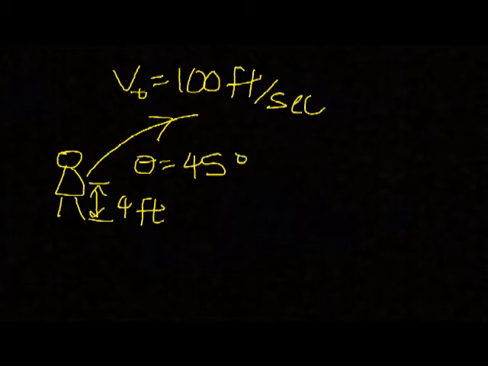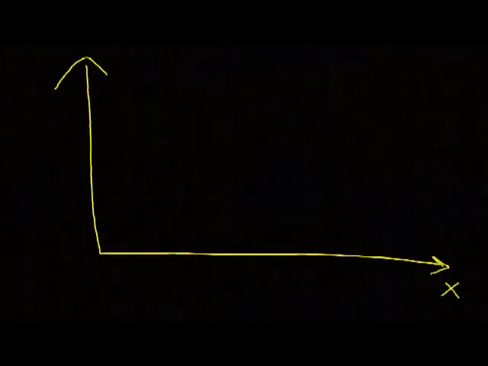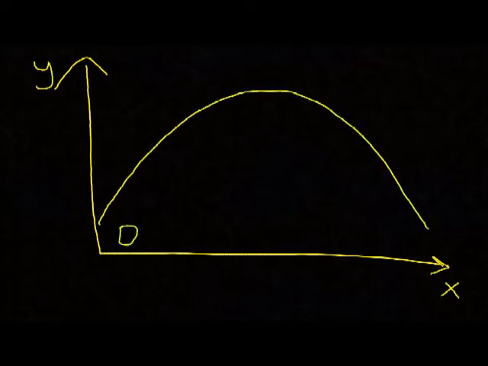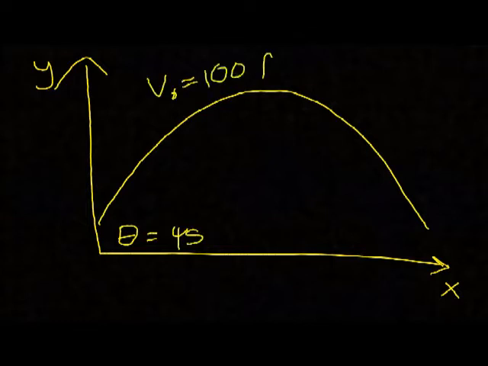In terms of an x and y diagram, theta would still be 45 degrees, the ball traveling at 100 feet per second, which leaves us with the question of x and t. We need to look for the maximum distance traveled, which is x, and t, the amount of time the baseball is in the air.